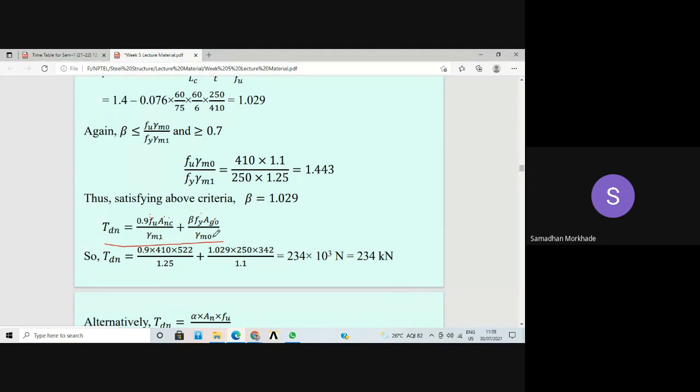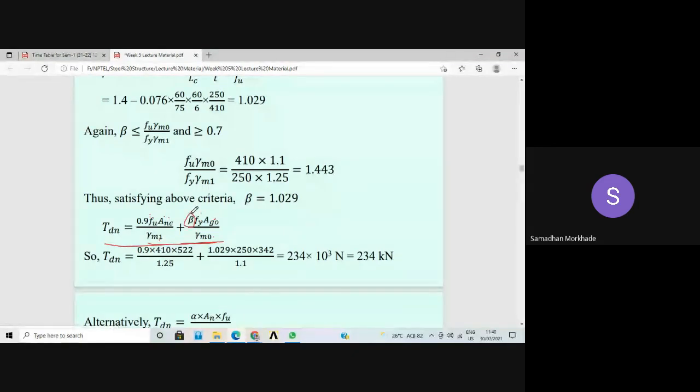And gamma M0 and gamma M1 are the partial safety factors corresponding to yielding and ultimate, and this value we have to pick up from the steel table. Gamma M0 is 1.1 and gamma M1 is 1.25. Now only beta is remaining. We have to calculate the beta.